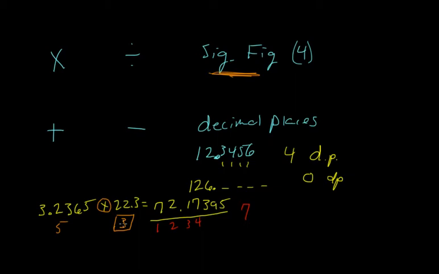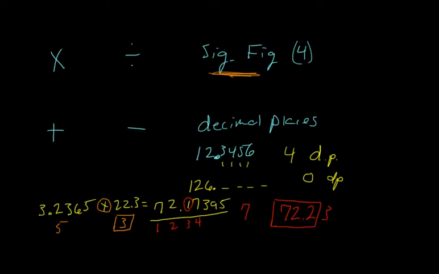So I have to look at the third significant digit, this 1, and look immediately to the right. The 7 is big enough to make this 1 round up to a 2. So I would round this number to 72.2. This number has 3 significant digits, which is exactly what we needed. So the final answer that I would report using significant digits is 72.2.